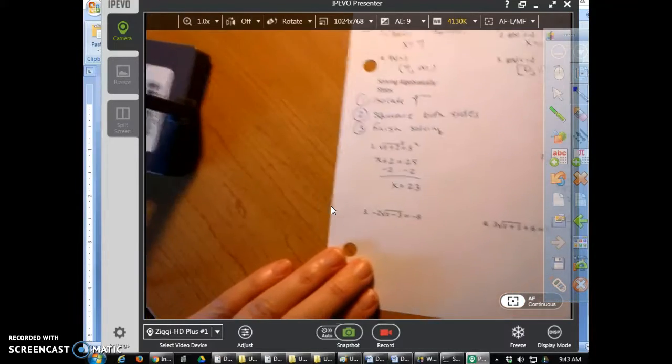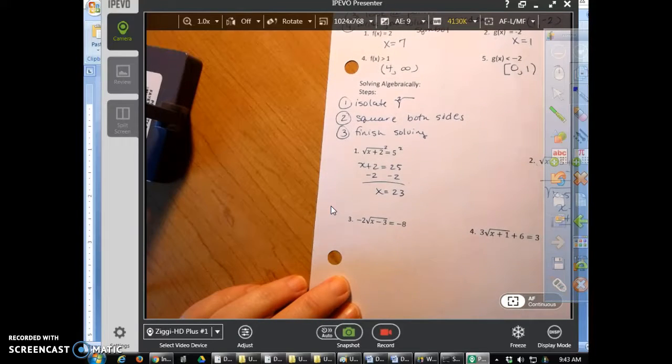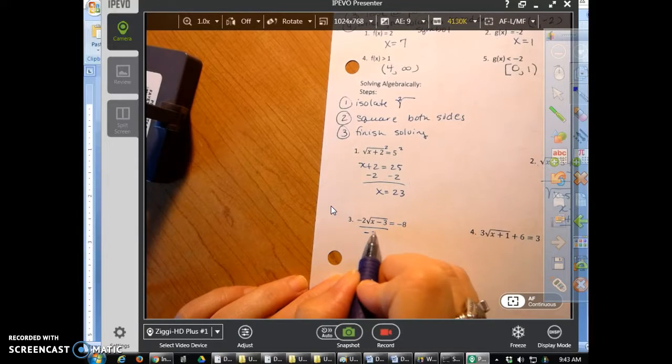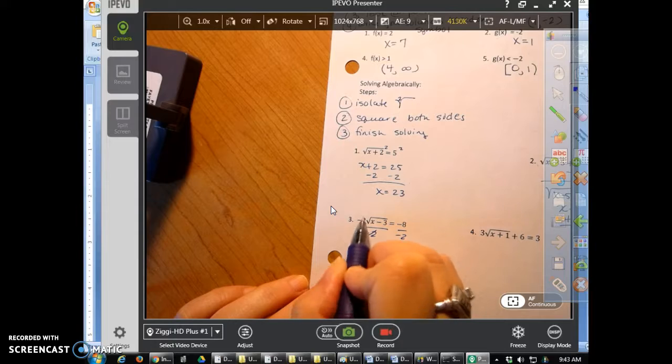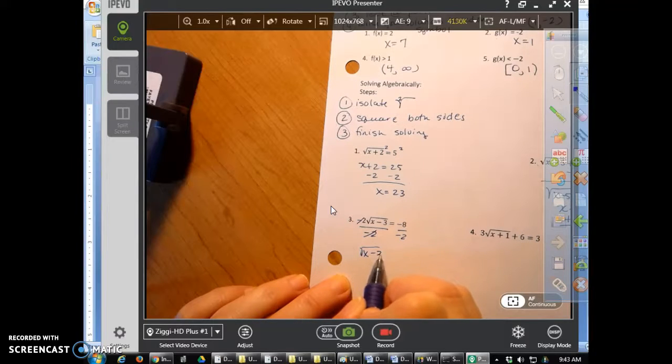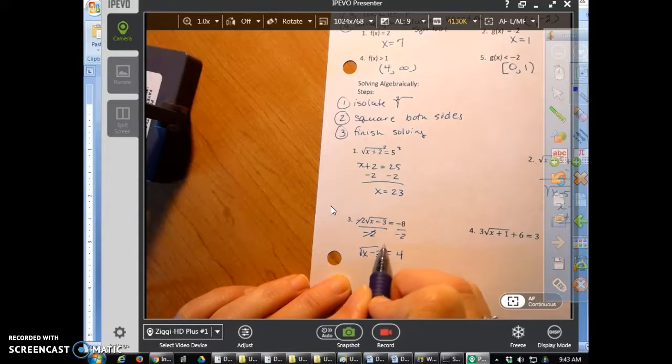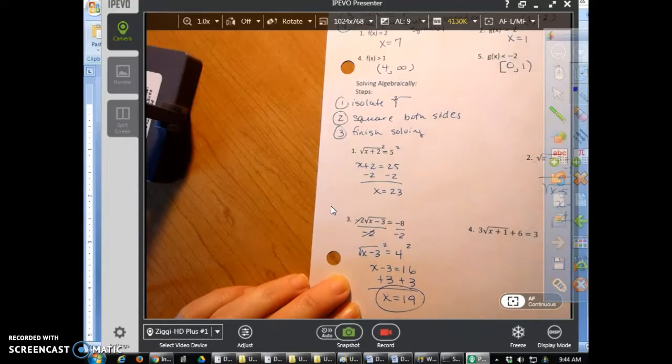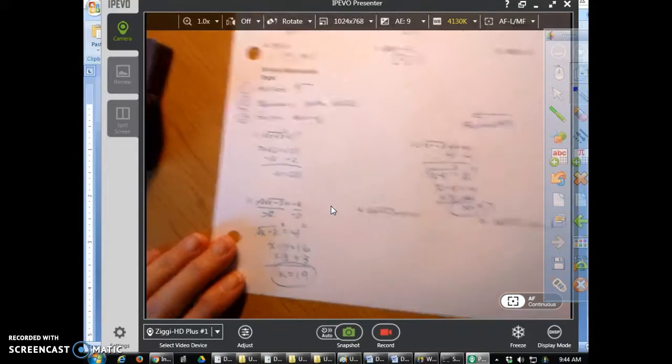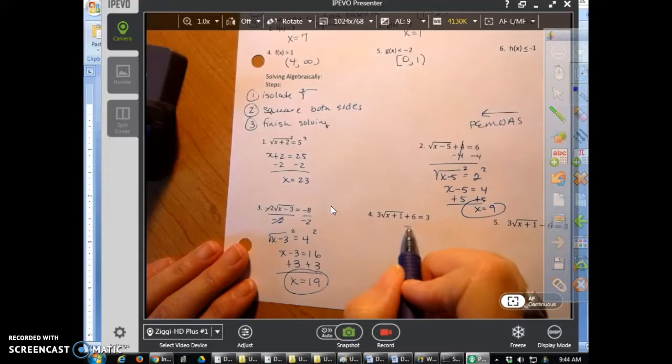Okay, let's do number 3. I'm going to start by dividing both sides by negative 2. So square root of x minus 3 will be equal to a positive 4. Square both sides. X minus 3 is equal to 16. Add 3 to both sides, and x is equal to 19. Okay, number 4. Subtract 6.